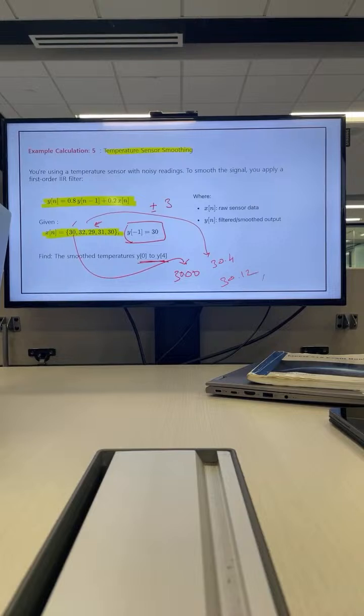Then the fourth data, for 31, it is 30.206, or 30.96. Then the final data, 30.296.